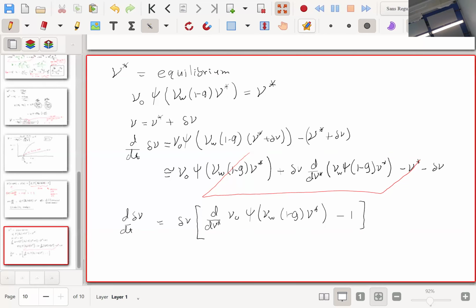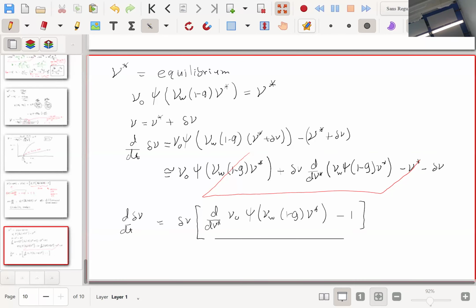Okay, so the sign of this matters. If this is positive, it implies the equilibrium is unstable.